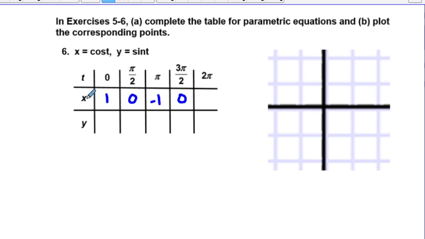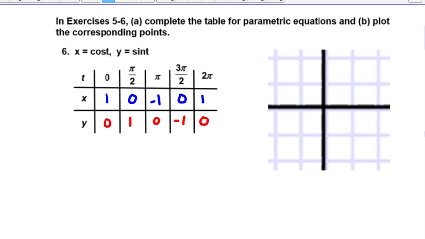And the cosine of 2 pi is 1. And then for your sine, the sine of 0 is 0. Your sine of pi over 2 is 1. Your sine of pi is 0. Your sine of 3 pi over 2 is negative 1. And your sine of 2 pi is 0.